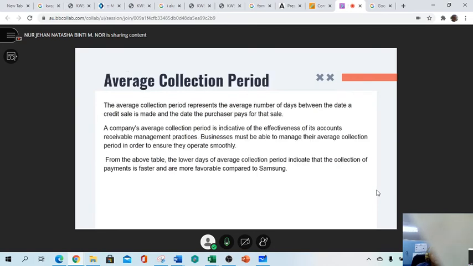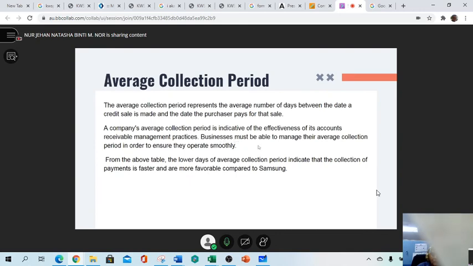Average collection period. The average collection period represents the average number of days it takes from a credit sale until the purchaser pays for the sale. A company's average collection period is indicative of the effectiveness of its accounts receivable management.